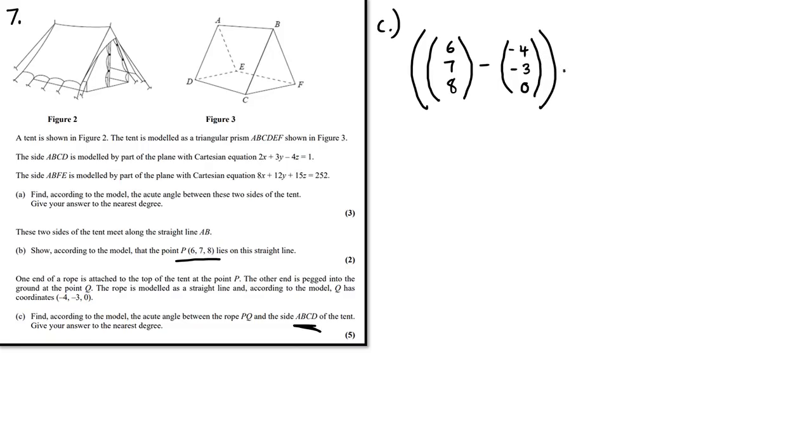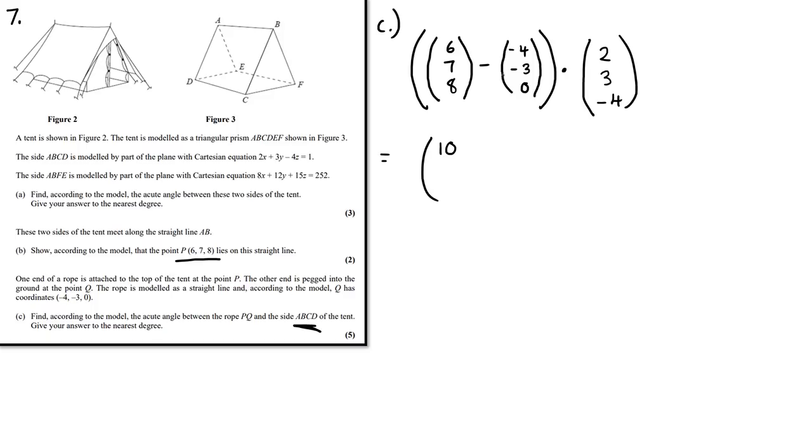And we dot this now with our side here for ABCD, so 2, 3, minus 4, this normal. Okay, so let's start with the first bracket here. Well, 6 minus minus 4 gives us 10.